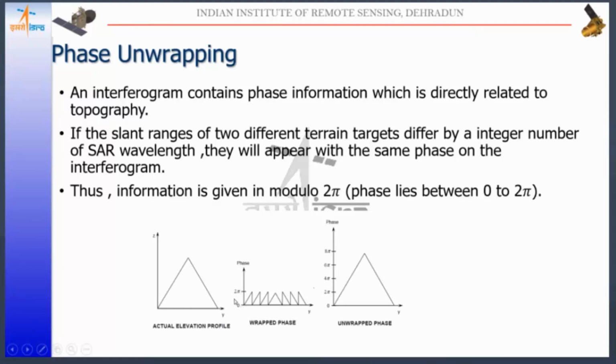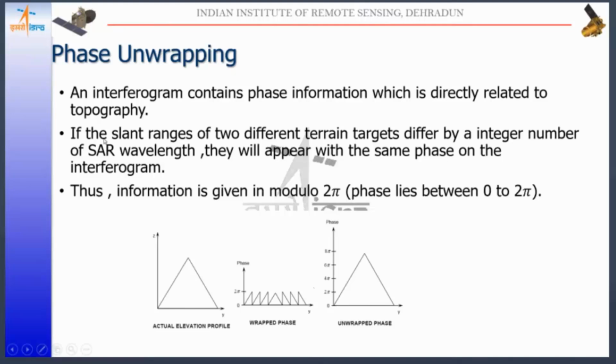Even if the actual phase is greater than 2 pi, in the SAR interferogram it wraps into the values of 0 to 2 pi.